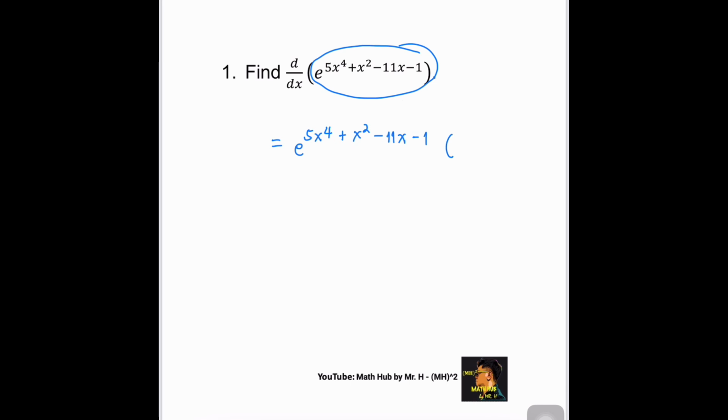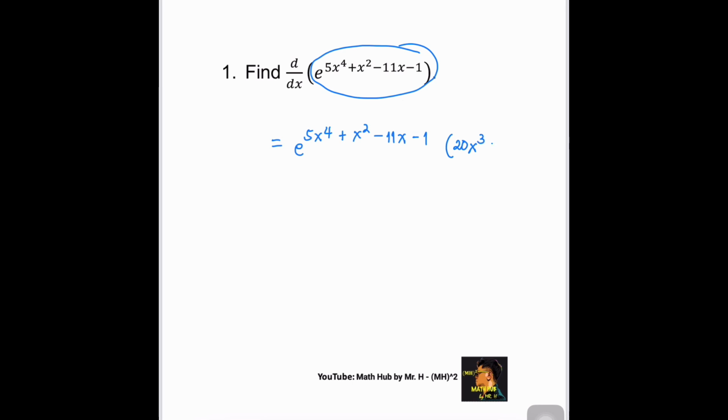So for the first part, the derivative of 5x to the power of 4, we'll be applying the power rule. So we're going to have 5 times 4 is 20x, and then the exponent will be 4 minus 1, which will be 3.